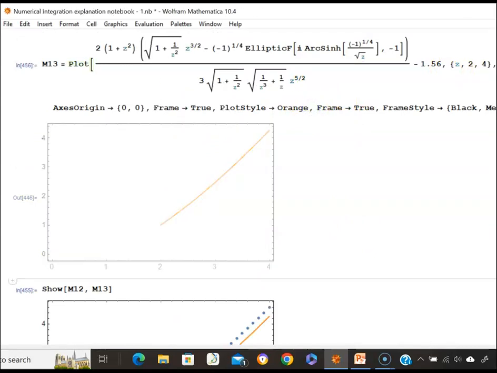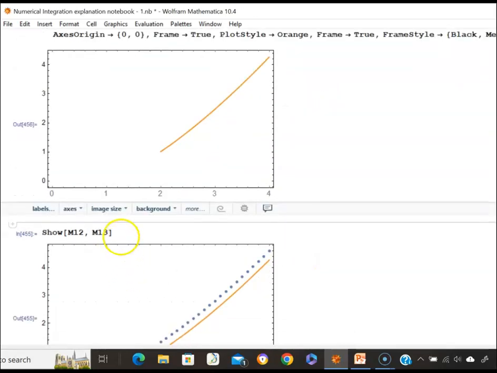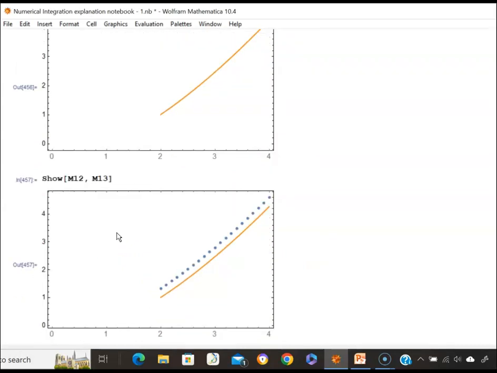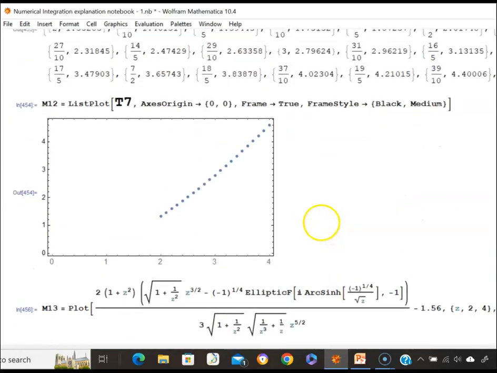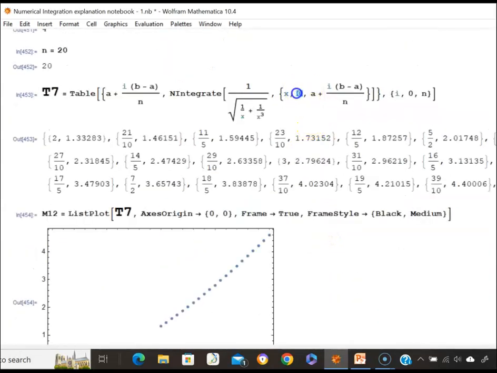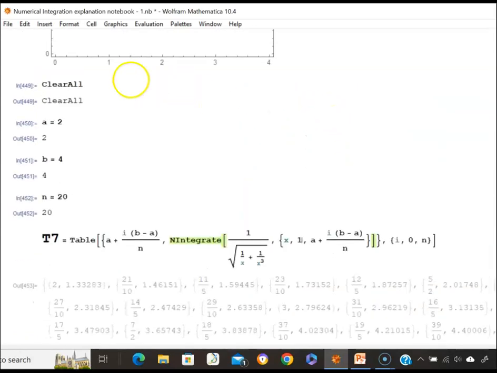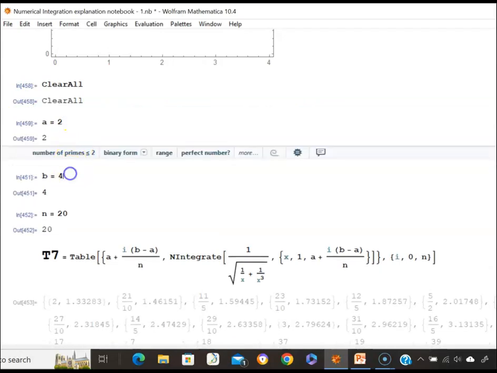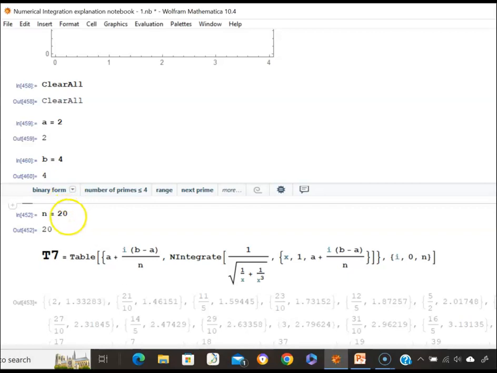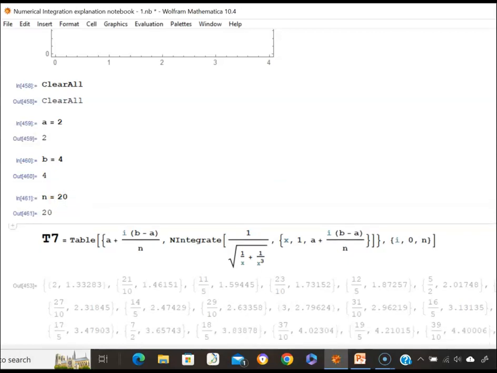Let me just try this one more time. Whereas if I now go back and place a 1 here, let's try all that again. Here we go.